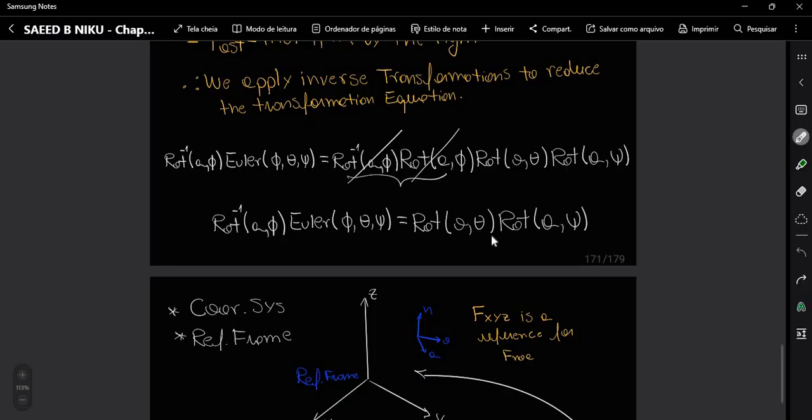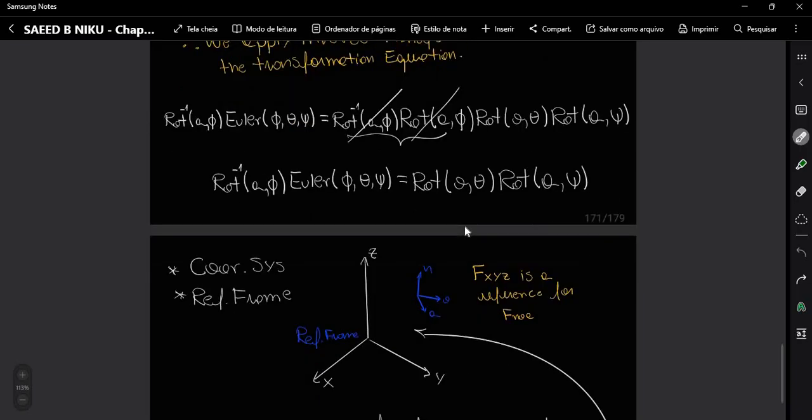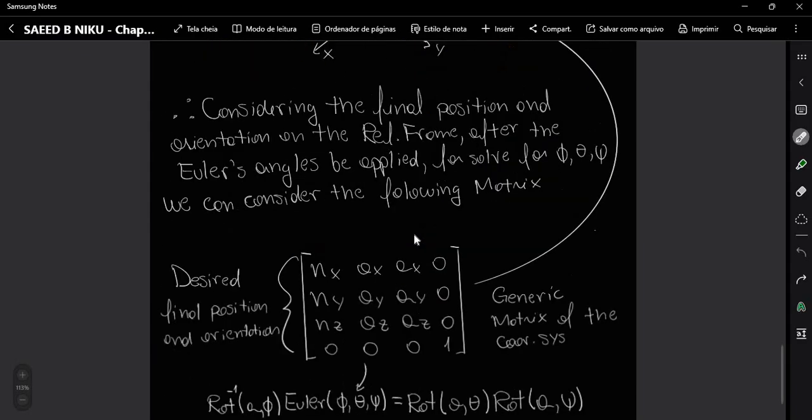Applying this inverse transformation, specifically about the a-axis with some phi angle, we were able to reduce this transformation equation, and we were left with this one. This transformation equation is basically the solution.